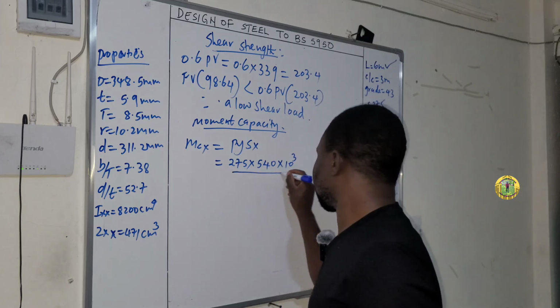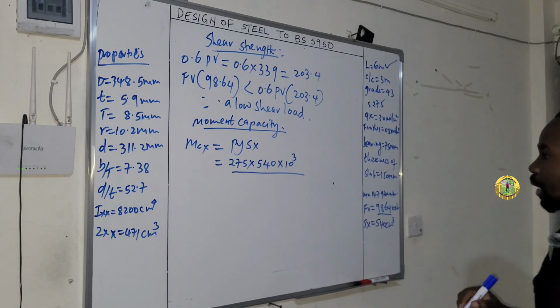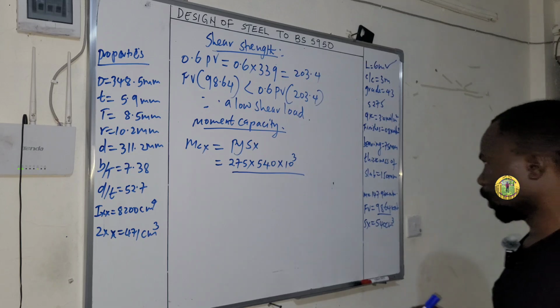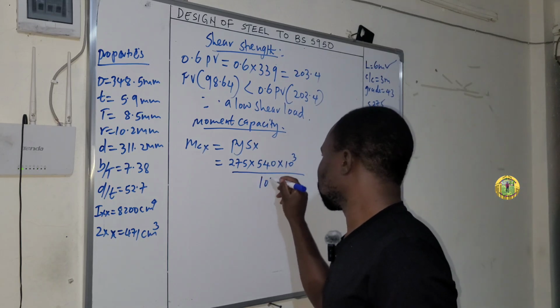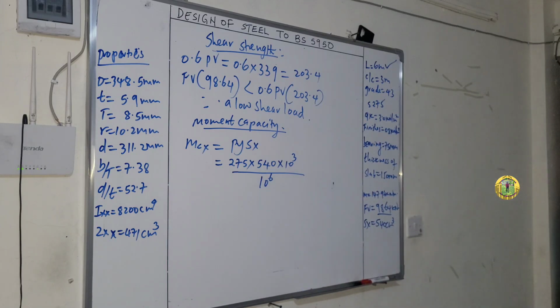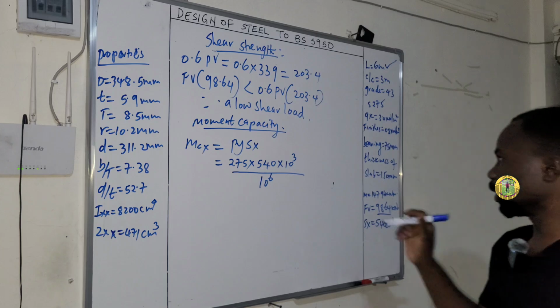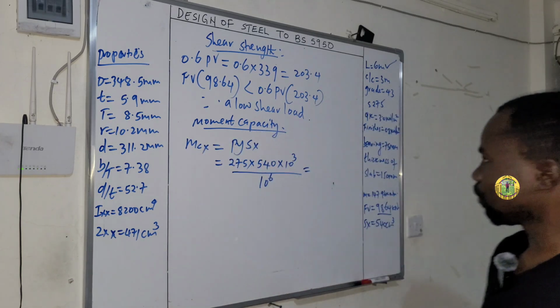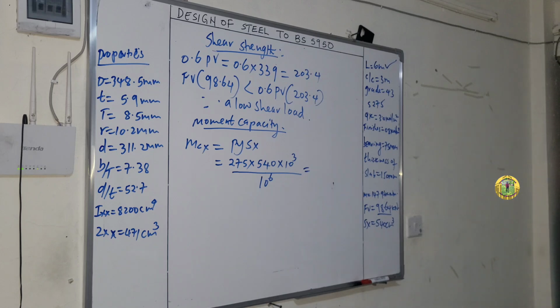Because our answer will be in Newton millimeter, you will divide by 10 to power of 6 to change it to kilonewton meter. So this one is equal to 275 times 540 times 10 to power of 3 divided by 10 to power of 6.